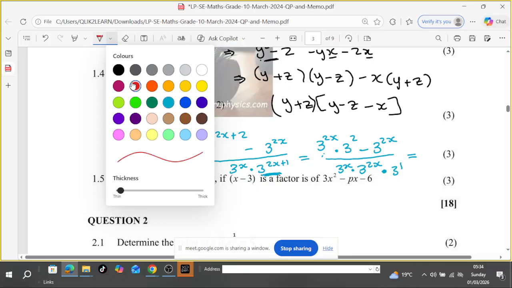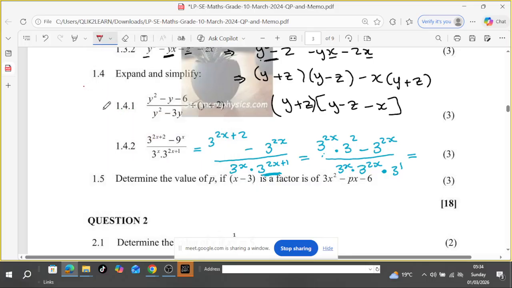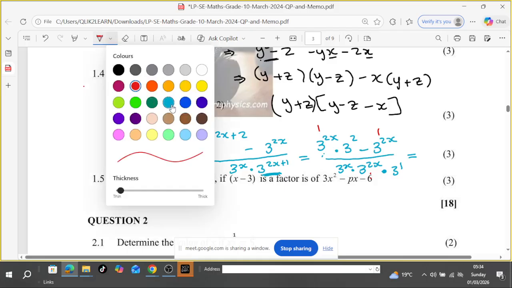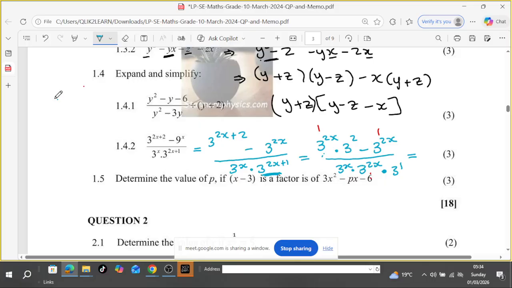I can take out that common factor, but remember, where there's 3 to the power x, we're going to replace that by 1, because we are taking out 3 to the power 2x as a common factor. So I'll definitely do that. I'll take out that 3 to the power 2x on top as a common factor, and I'll have this as 3 to the power 2x. Then where there's 3 to the power 2x, we put 1. This will be 3 squared minus 1. That is the top part.